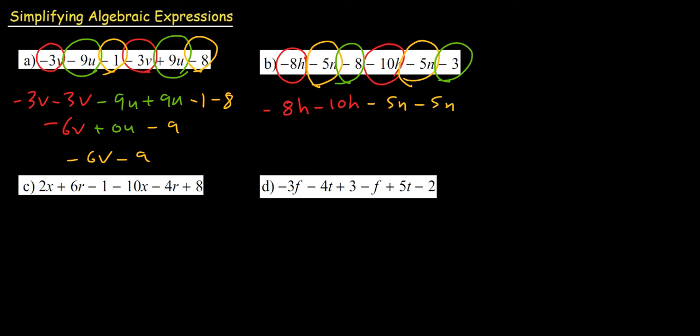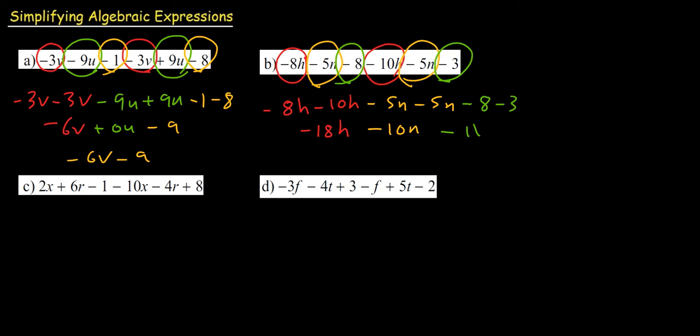And then finally we have negative 8, negative 3. So negative 8h, negative 10h is negative 18h. We've got negative 5n, negative 5n is negative 10n. And then we've got negative 8, negative 3, which is negative 11. And that's your final answer.